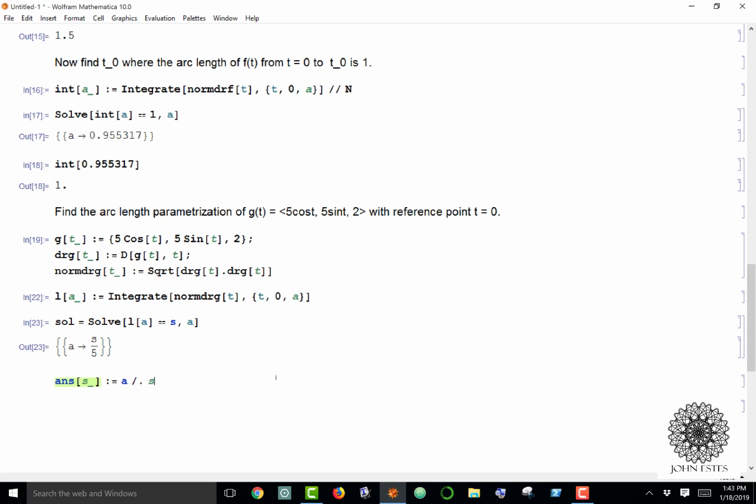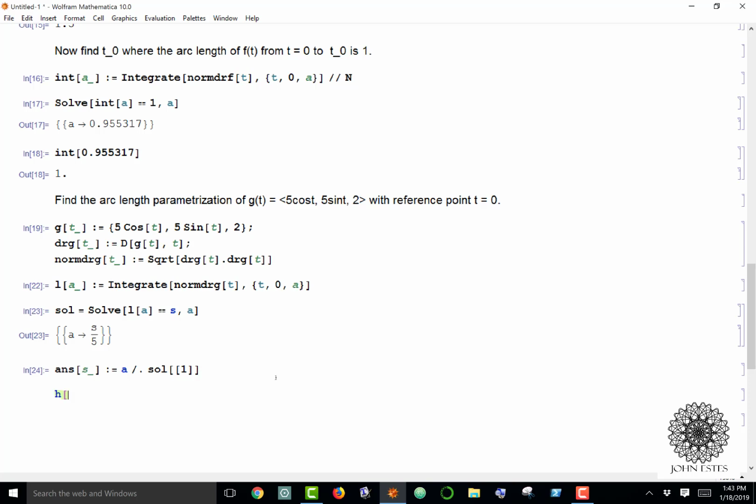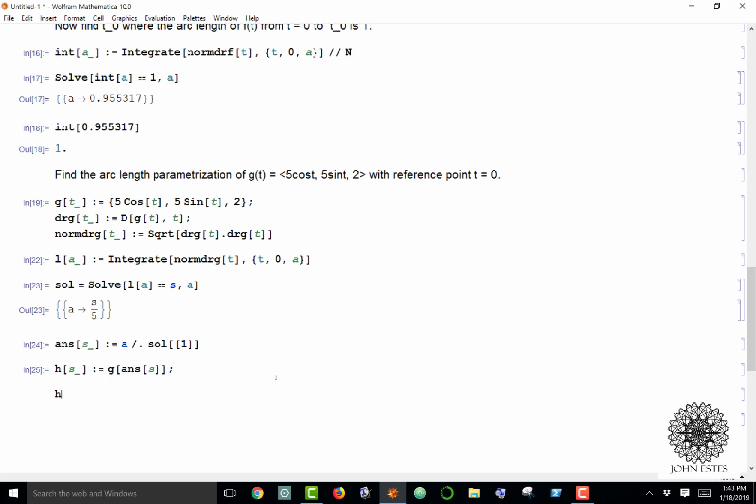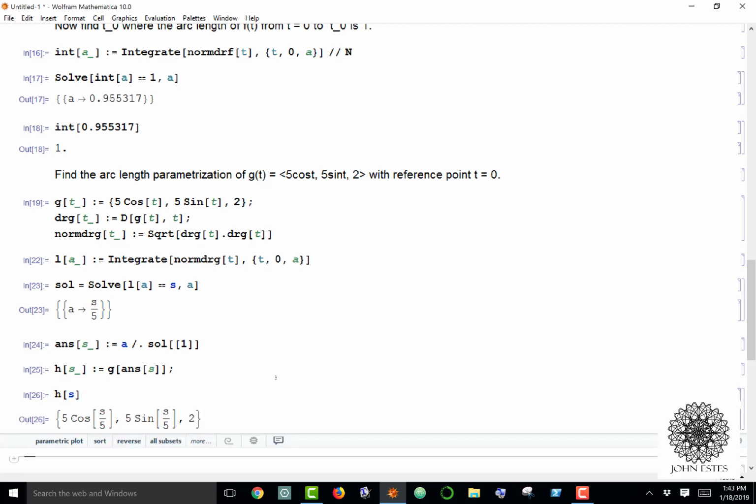I'm going to replace a with the solution I got from what I called the sol function. Okay, so now if I plug that into a new function that's defined with s, I'm going to say g of answer s, suppress that.